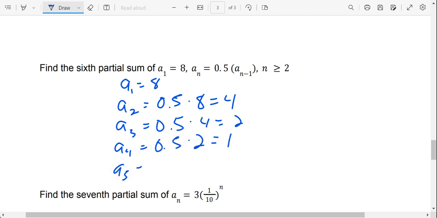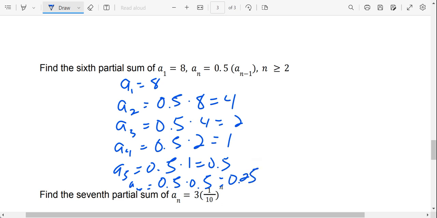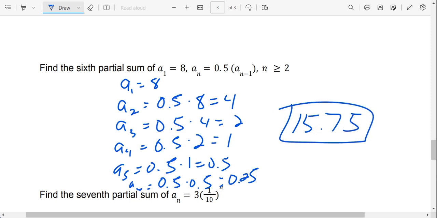A sub 5, 0.5 times 1, which is 0.5. And a sub 6, 0.5 times 0.5, which is 0.25. If you add all those together, you will get 15.75.